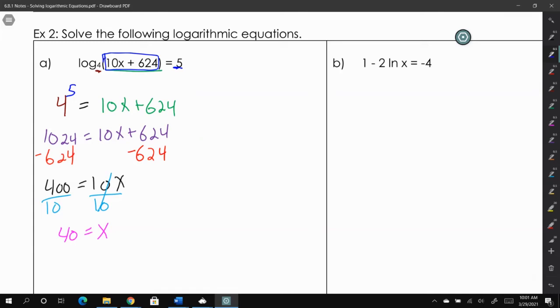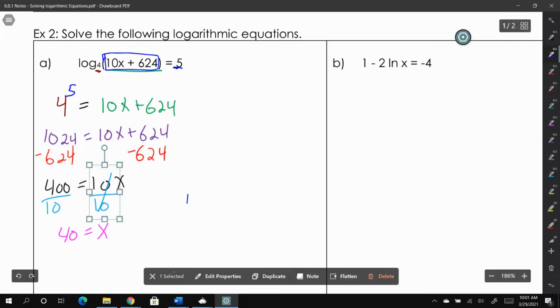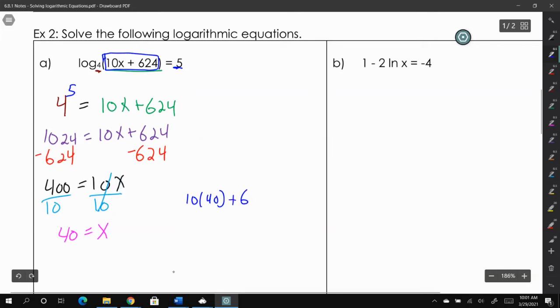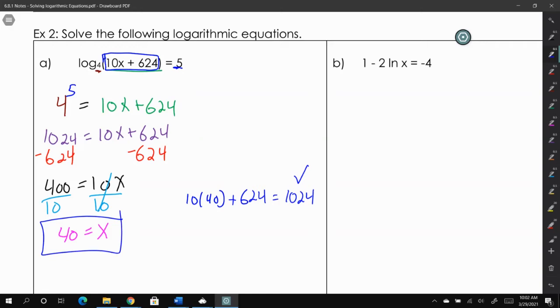It doesn't really matter what number you get, as long as it is positive. So 10 times 40 plus 624 equals 1024, which is a positive number. So we know that this is our solution.